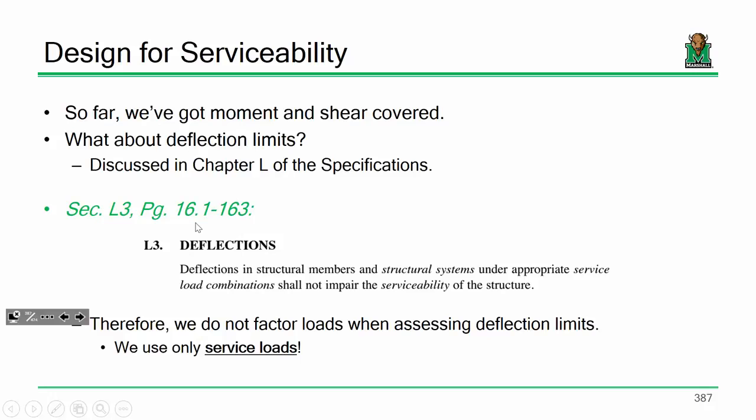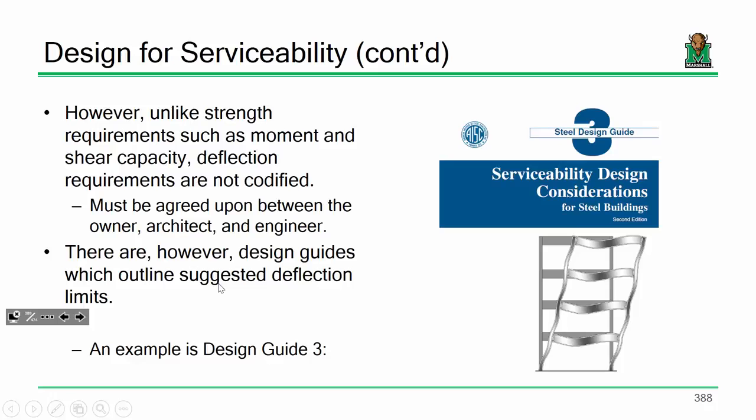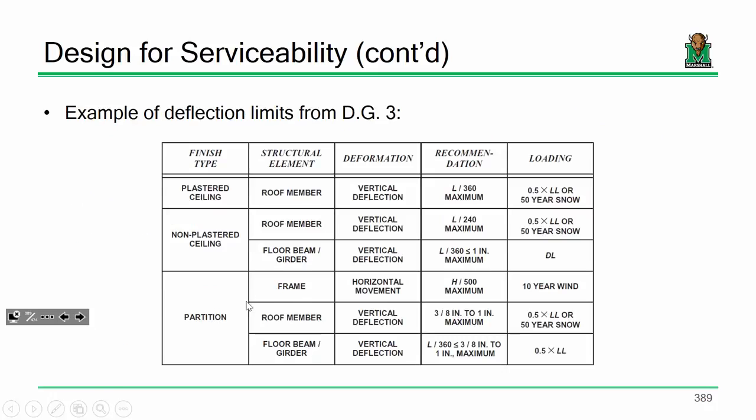All right, so deflections. We mentioned deflections last time. We said that deflections, unlike concrete design, aren't really codified in the spec. They are listed in some design guides, and we at least talked about these last time, like your vertical deflection in a floor beam or girder for a partition finish is going to be either L over 360, to a 1-inch maximum on half your live load or something like that.